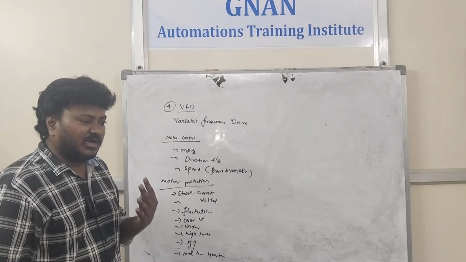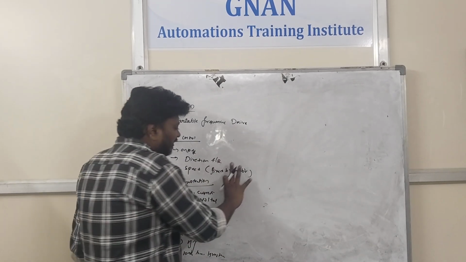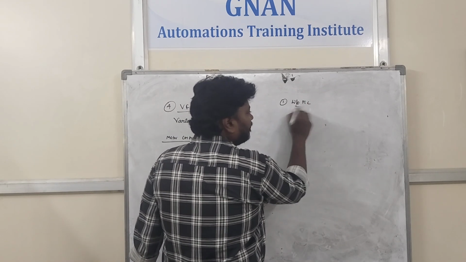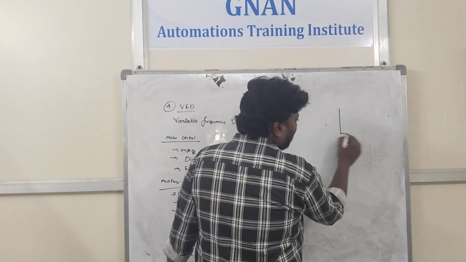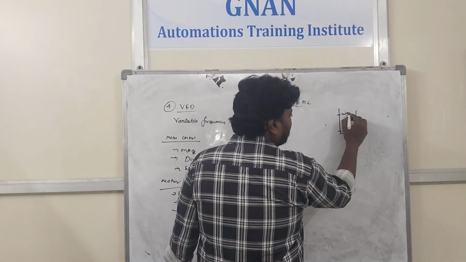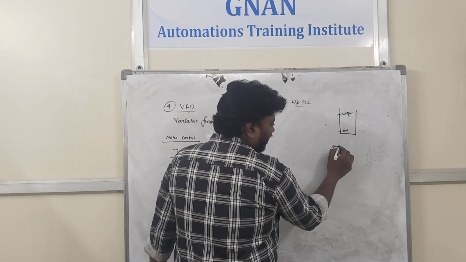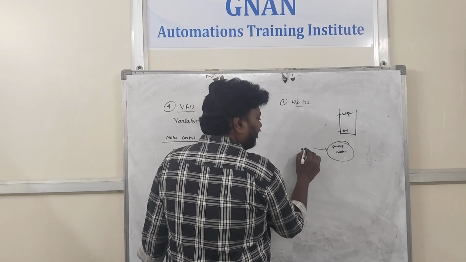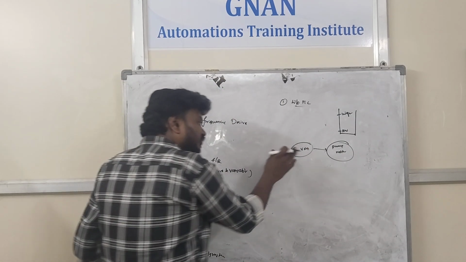Okay, up to now, every topic has been interlinked with the PLC, right? The VFD is also interlinked with the PLC, but without PLC also it can run. How? Let's say for example, one chemical tank is available. Here we have low level and high level sensing. When pumping water, I am going to use one pump motor. To run this pump motor, I am going to use one VFD. When it is at low level, the pump should run.